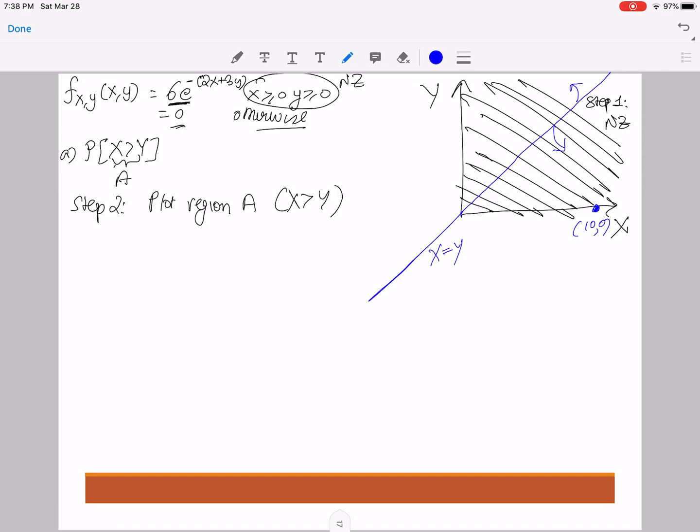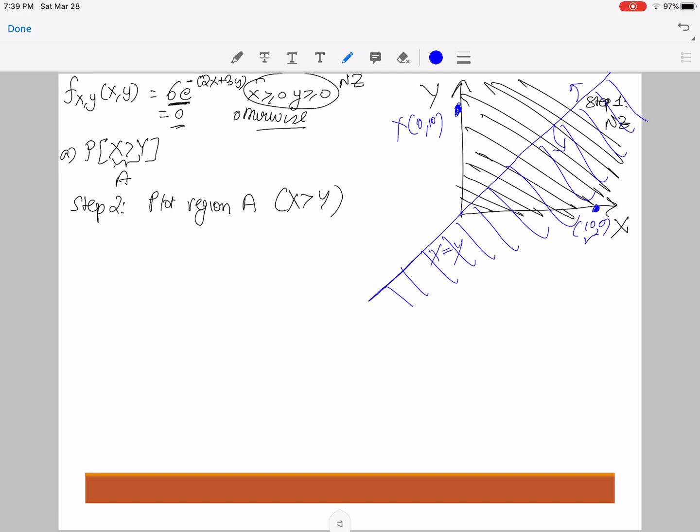So this point indeed satisfies this relationship that x is greater than y, so it should definitely belong to this region. Similarly, I can consider another point on the y-axis, and let's call it 0, 10. This point does not satisfy the condition that x is greater than y. And therefore, this shaded area is region A.